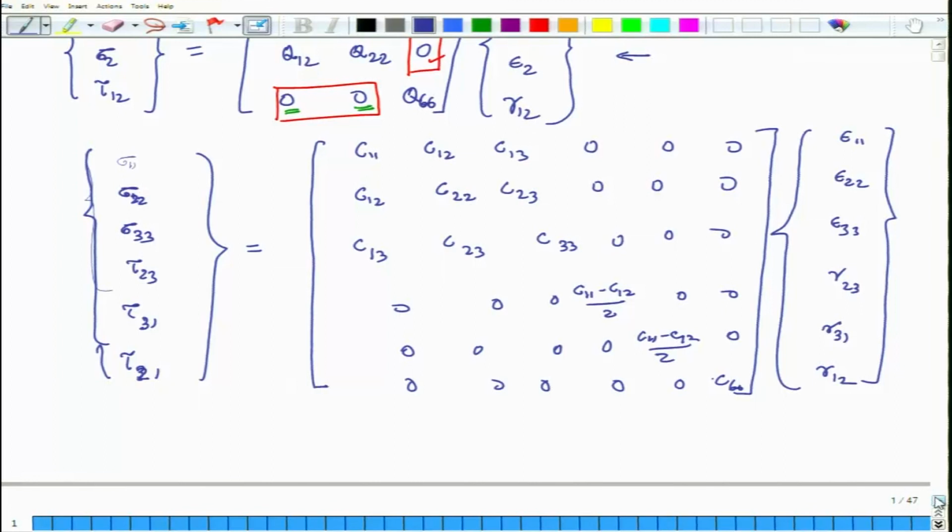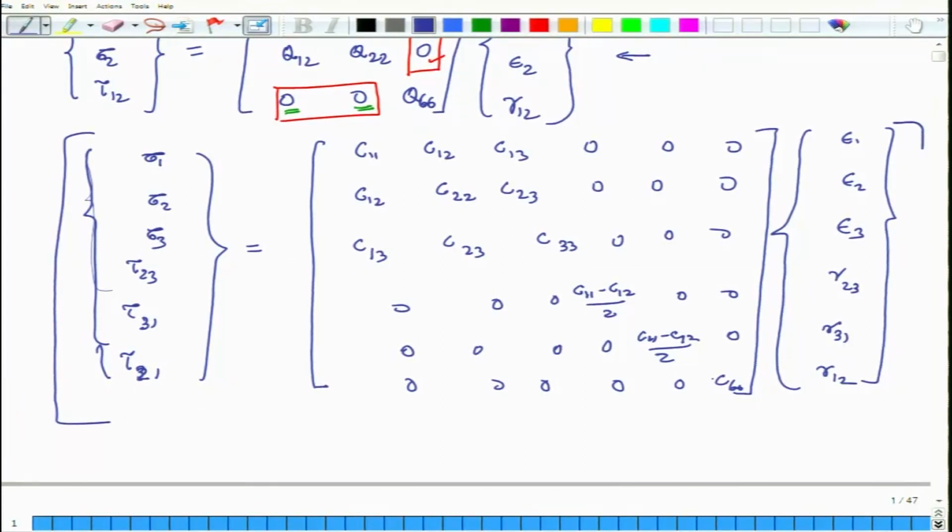And just to be consistent, I am going to make this a little clearer. Because these equations are not tensor equations, these are simple matrix equations, I will just call it sigma 1, sigma 2, sigma 3, and this is epsilon 1, epsilon 2, epsilon 3.